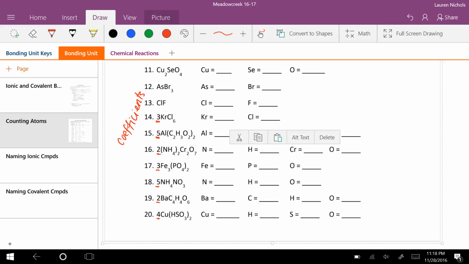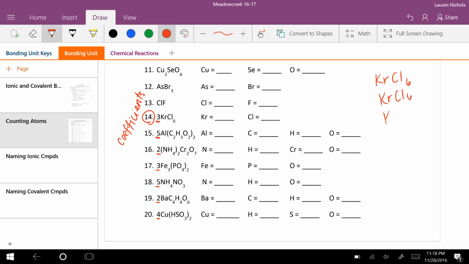So instead of just having one, if we're looking at number 14, for example, instead of having one KrCl6, that 3 tells me that I have 3 of them. And so now I have 3 of everything that was listed.